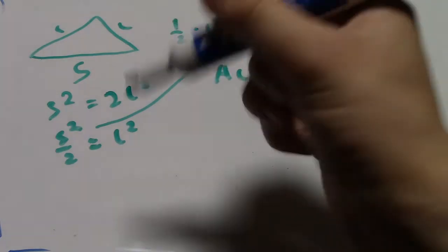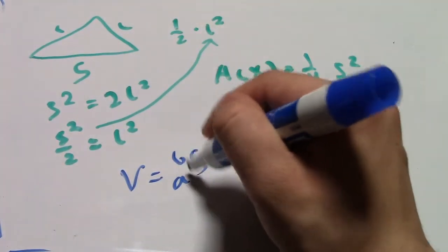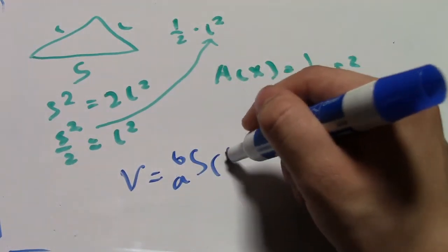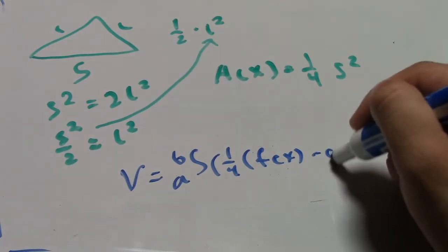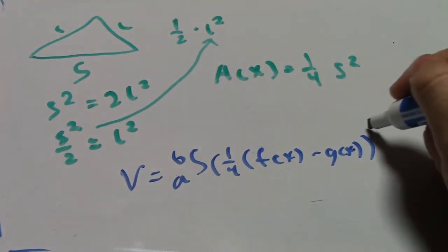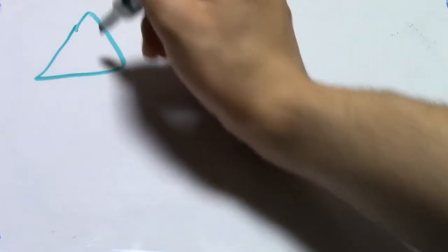So the volume of that is the integral from a to b of 1/4 times the quantity (f(x) minus g(x)) squared dx. Now, the last cross-section we need to find the area of is the equilateral triangle.